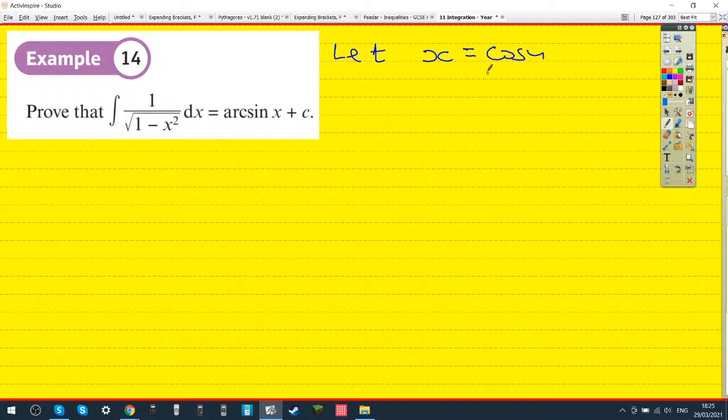Here's what I was thinking. You would get 1 minus cos squared u. What is that the same as? 1 minus cos squared u, is that the same as 1 minus sine squared u?